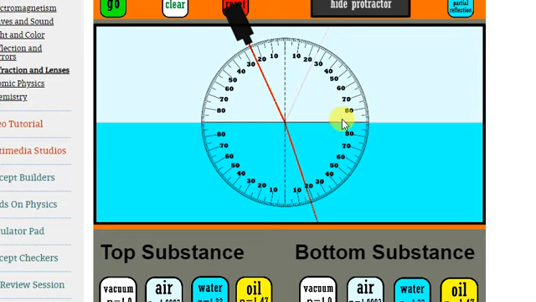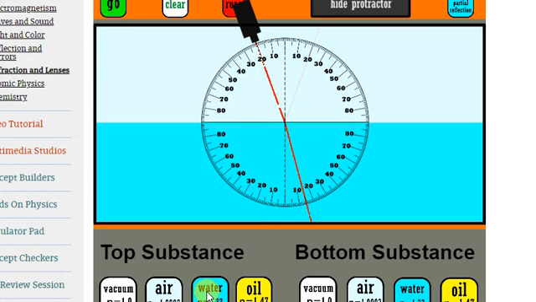So we can see now that our ray is here. If I put it at 20, you can see that the angle between the normal and the refracted ray is around 15, which is less than 20, which confirms to us that when it is moving from a less dense to a more dense medium, it bends towards the normal.